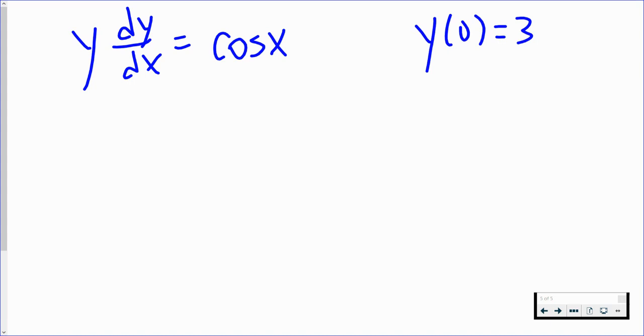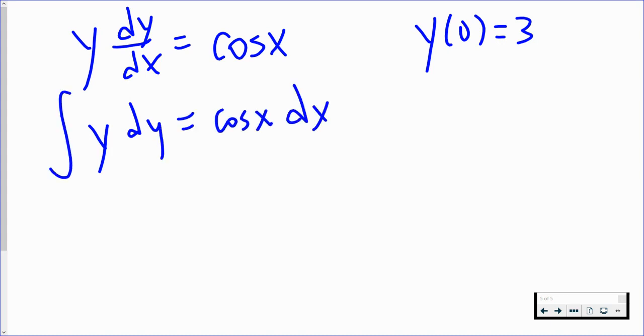The only thing that we need to move in order to separate is move the dx over with cosine of x. So y dy equals cosine of x dx. Let's take the integrals. Integral of y dy, y squared over 2, equals integral of cosine of x, which is sine of x plus c.